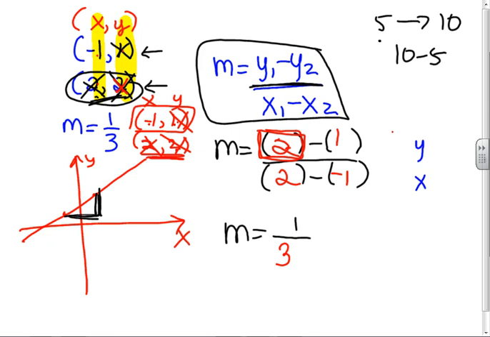2 minus 1 is? What is it, Keaton? 1. Now, what do you do with these? 2 negatives. What happens to that? I get opposite, opposite, so that's really 2 plus 1, which is 3.